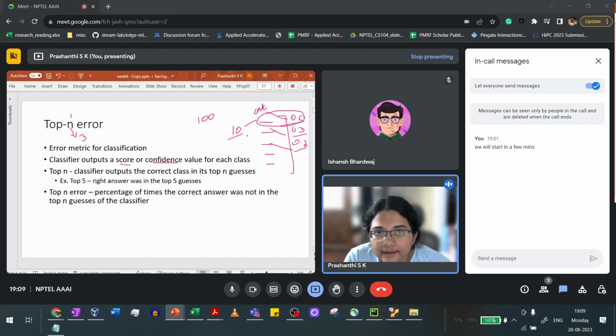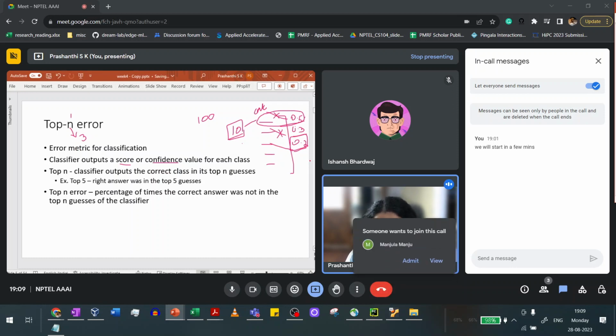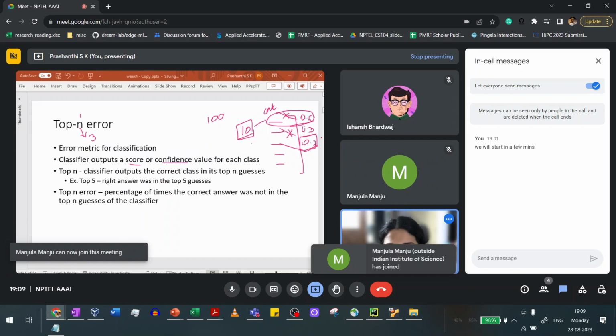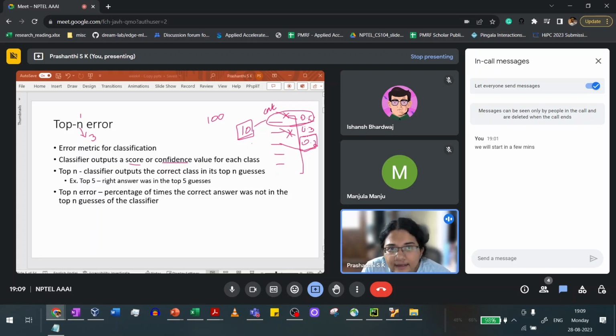Now let's say my image actually belonged to type horse. Then it is not the first or the second correct answer, but it is the third correct answer. So if I'm looking at top 3 error, I wouldn't consider this wrong, because in the top 3 guesses of the classifier, the correct class is still there.